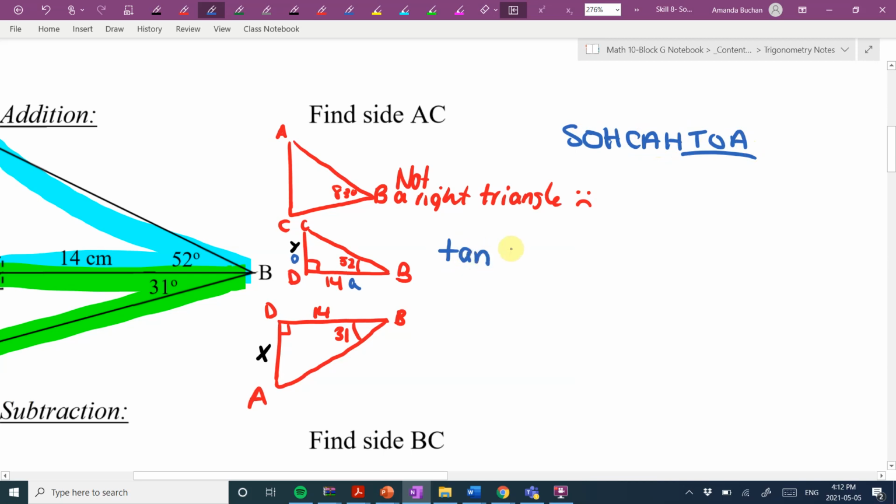So I'm using tan of the angle is opposite, which is y, over adjacent, which is 14. Now, this part is exactly the same as the trig we've been doing so far. We just need to get y by itself by getting rid of that denominator. And we're going to go 14 times tan 52.